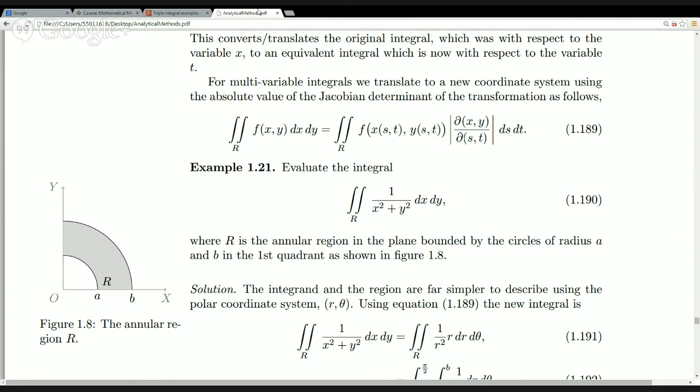So you can see a bit of simplification here anyway for integrating this. The r squared terms are going to cancel.